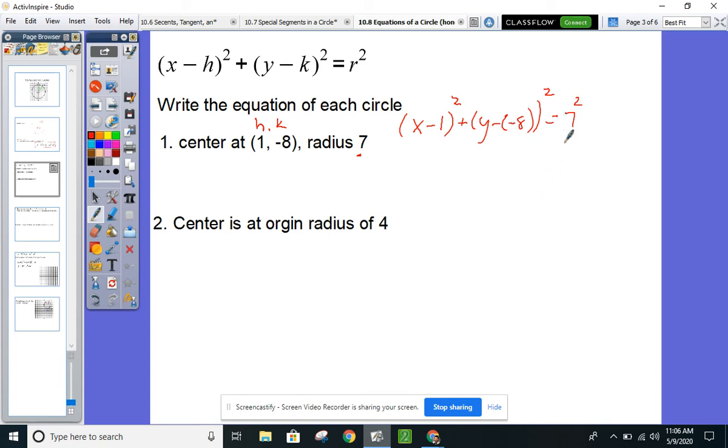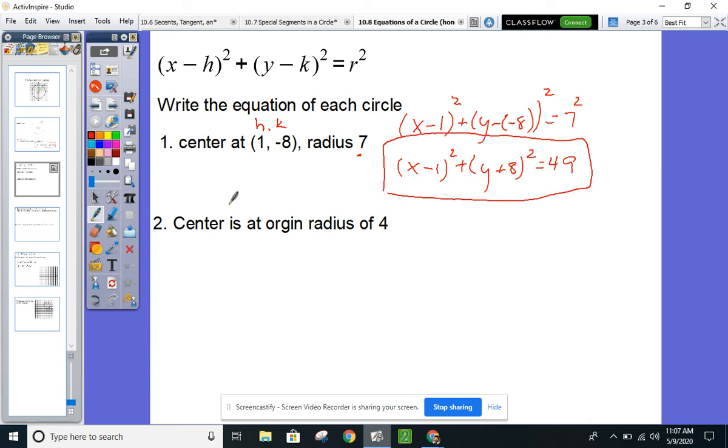Now, let's clean it up a little. So, x minus 1 squared, plus y minus the -8 means plus 8, squared, equals 7 squared, which is 49. That's it. So that's how you write the equation. We're done right there.